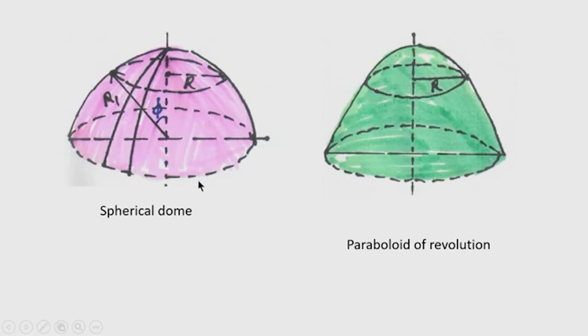But on the other hand, if a parabola is rotated, suppose this is a parabola, the plane curve is a parabola and it is rotated about the axis of revolution, then the name of the shell will be paraboloid of revolution. So, that is the difference. Similarly, the ellipsoid of revolution may also be there. If an elliptical meridian is revolved around the vertical axis, then the ellipsoid of revolution is formed.